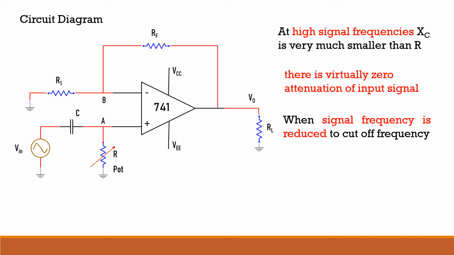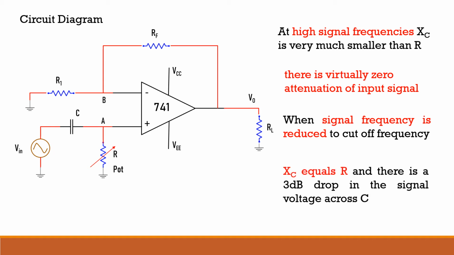When the signal frequency is decreased, at the cutoff frequency the capacitive reactance will be equal to the resistance, Xc equal to R, and the gain drops by 3 dB.